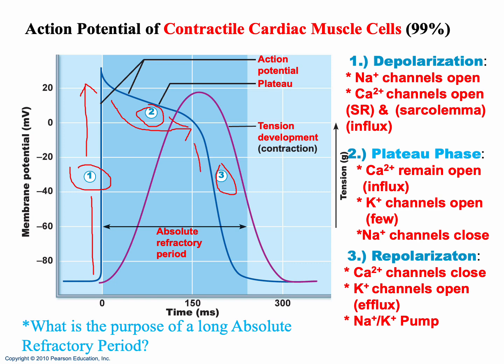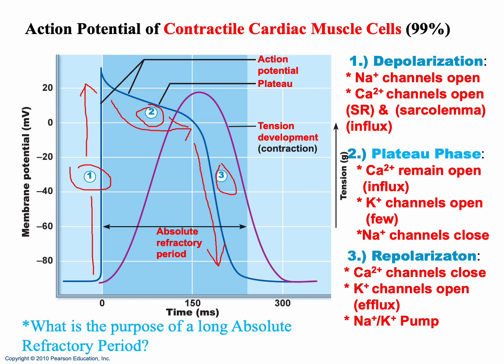And number 3 is the repolarization on the graph. The graph here that we're really focused in on is this blue graph right here. This purple one here that goes up, all this is referring to tension development internally in the heart.